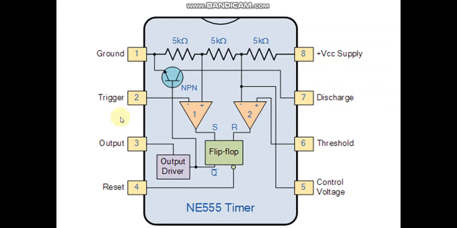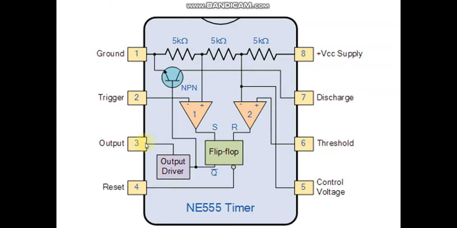If the voltage at pin number 2 is below 1 by 3 VCC, because this point is the reference voltage 1 by 3 VCC, then this comparator gets triggered, that is, the flip-flop is set, and Q becomes 1 and Q bar becomes 0, and the base of this transistor becomes 0. The output will be the ground point, and if Q bar is 0, the output will be 1, because the output driver consists of an inverter.